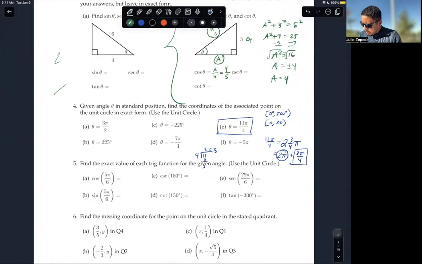All right, so we said the associated point was negative root 2 over 2, comma, root 2 over 2. This is the answer for part E. Another way that we could have done this, if you wanted to convert 11 pi over 4 to degrees, maybe you're more comfortable with degrees. We can multiply by 180 degrees over pi radians.